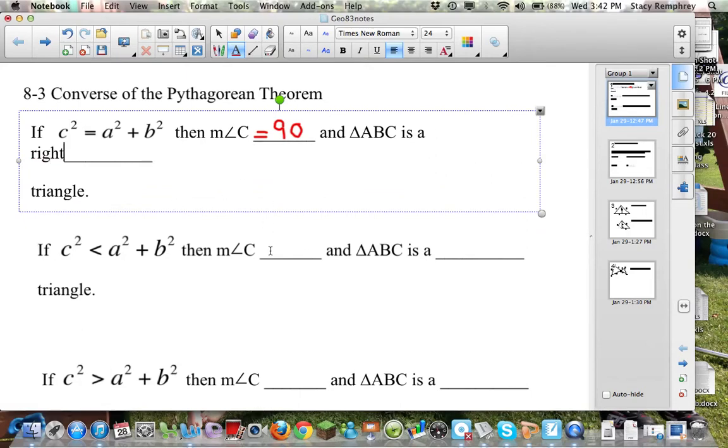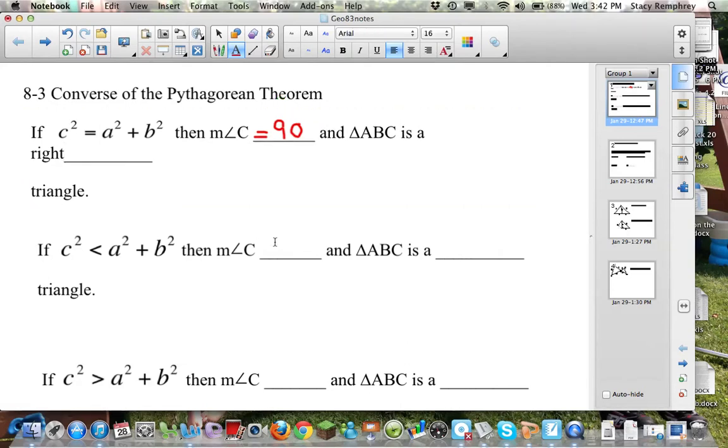Okay, then you found if C squared was less than the sum of A squared and B squared, then the measure of angle C, and when I say the measure of angle C, that is assuming that C is across from the longest side, okay? So that's what the measure of angle C is talking about, being across from the largest side, which we identified as C. When that's less than 90, then it was an acute triangle.